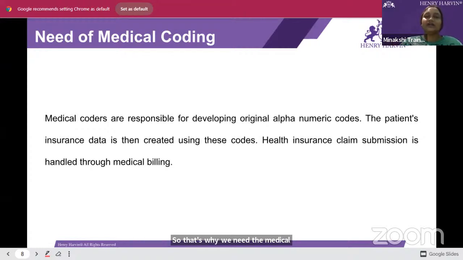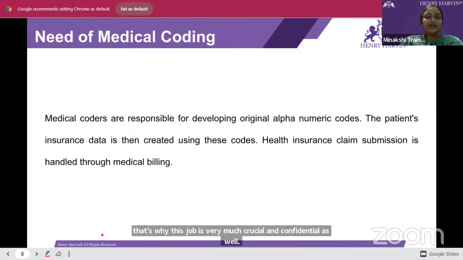If you convert 100 pages of medical reports into 5-6 codes, it becomes very easy for the insurer to make the payment, because every code carries a particular dollar value. So coders are responsible for somebody's payment. That's why this job is very crucial and confidential as well.